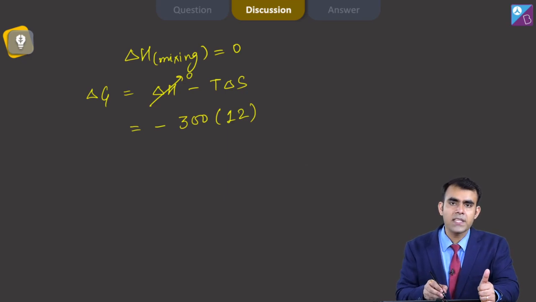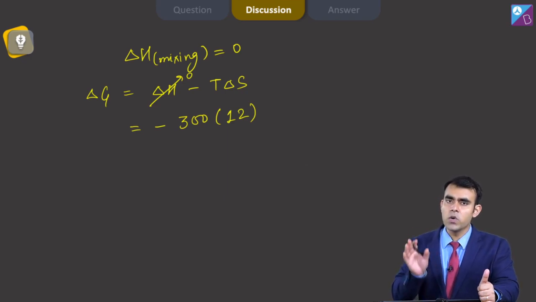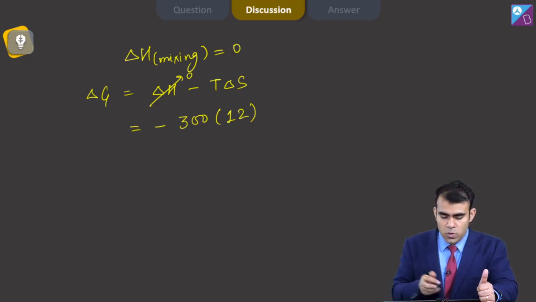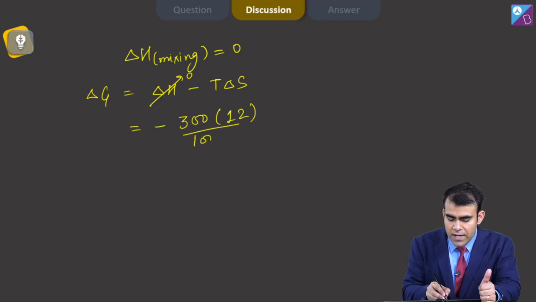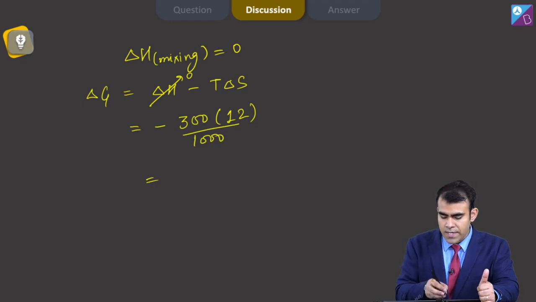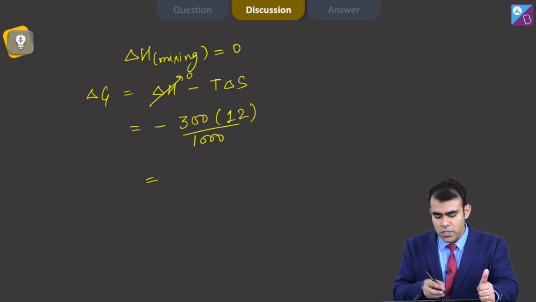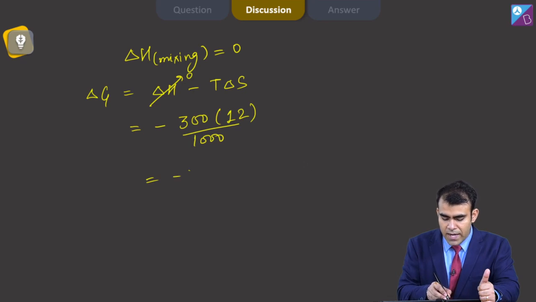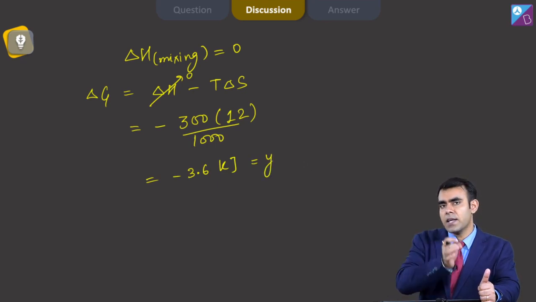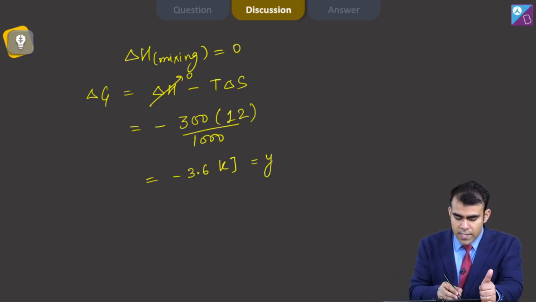If I multiply these two, this value comes out in joule, but I want the energy in kilojoules, so we have to divide it by 1000 also. From here, if you do the calculation, 12 times 3 is 36 with 2 zeros, and we will get minus 3.6 kilojoule. Now this value is nothing but Y, whereas the earlier one is X.